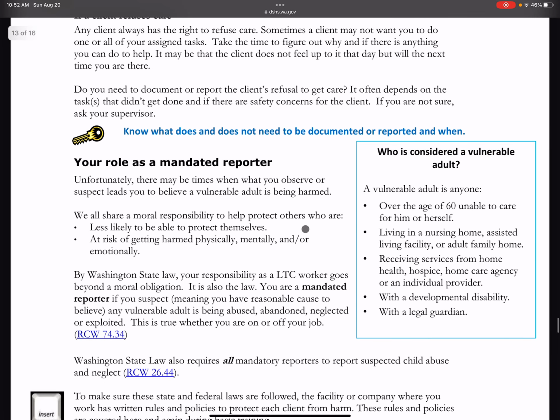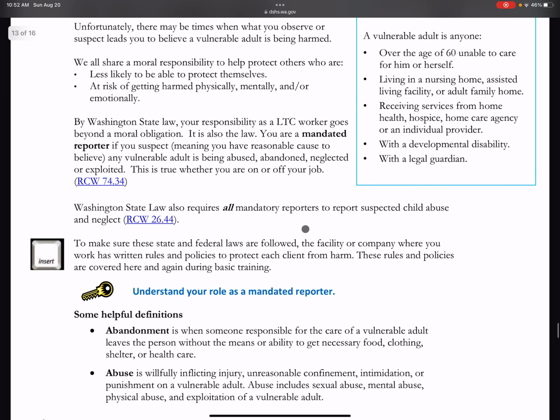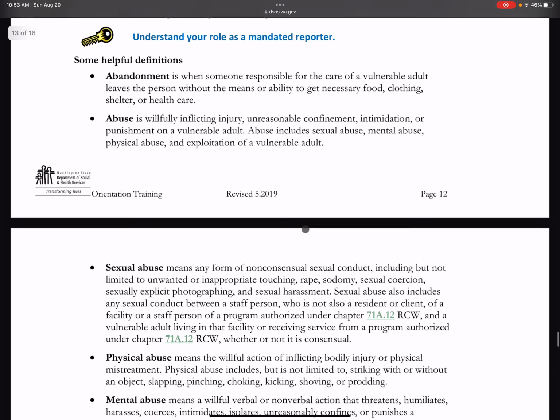Usually the phone numbers that you need to call are posted in the adult family home or assisted living facility, if you see something that you need to report, like abandonment, abuse, sexual abuse, physical abuse, chemical abuse, mental abuse, personal exploitation.